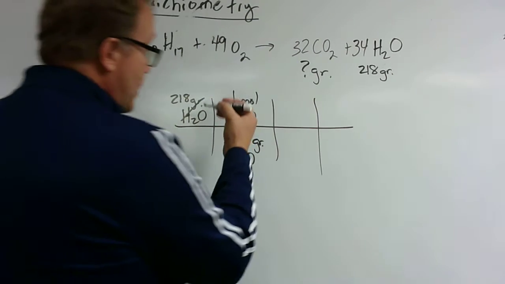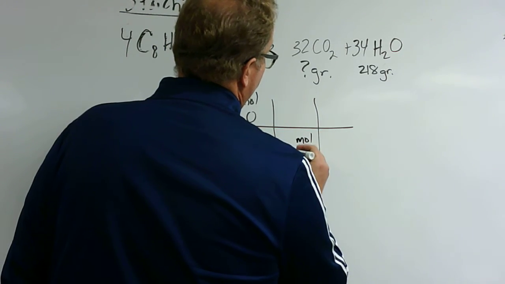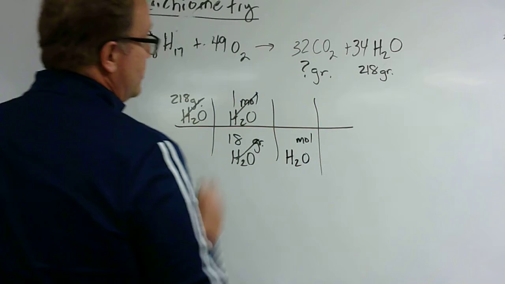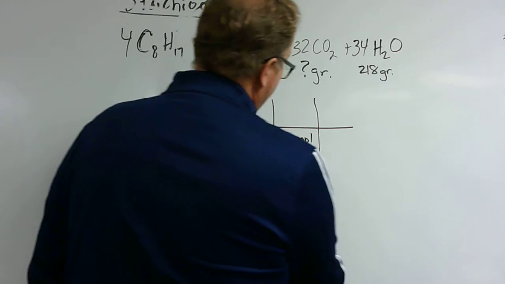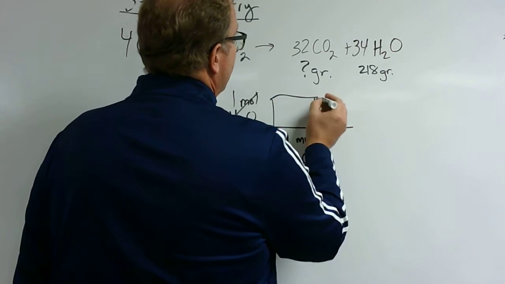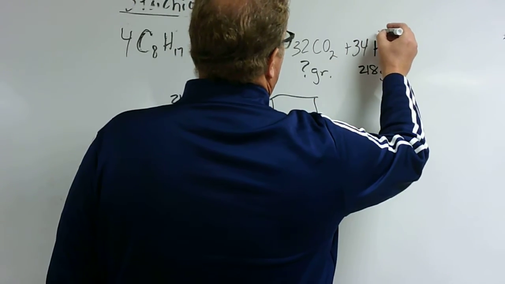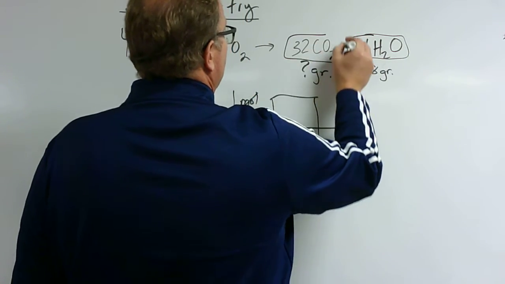Now we can move on. I got mole at the bottom of H2O, because again, I got to follow pattern. When I see mole on the bottom for the first time, that is my switch over. And my switch over is from here to here.